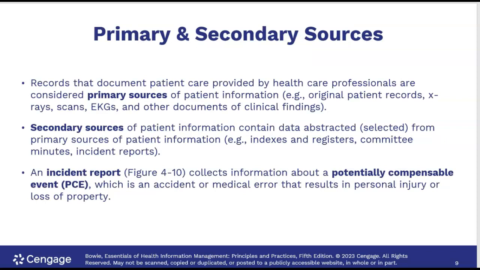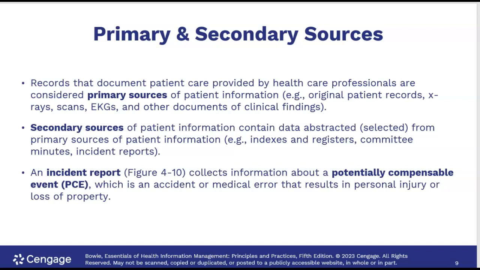Okay, so let's go ahead and look at the different primary and secondary sources. Records that document patient care provided by healthcare professionals are considered primary sources of patient care. Different examples would be the original patient record, whether it's paper or electronic, x-rays, any scans, EKGs, and other documents of clinical findings.